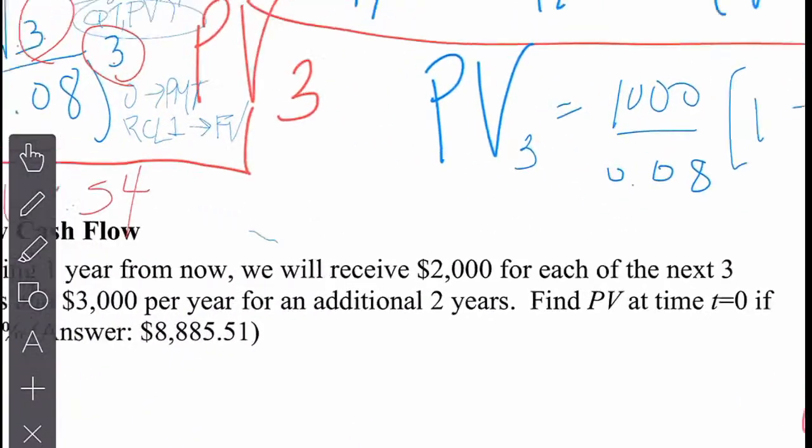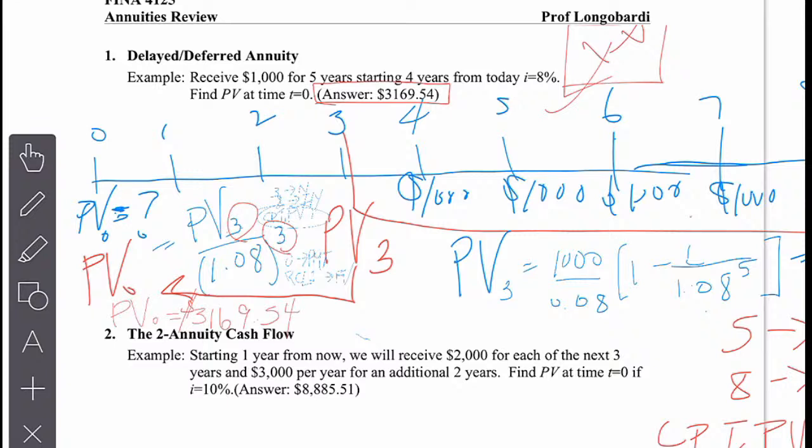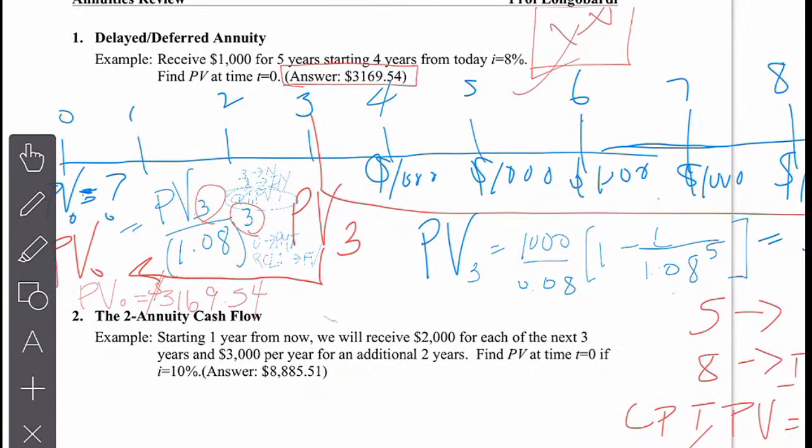Make a timeline. You make a timeline and you apply the formula where the timeline demonstrates the formula applies. It only applies here with 5 payments starting at time 3, 1 period from time 3 begin the payments.